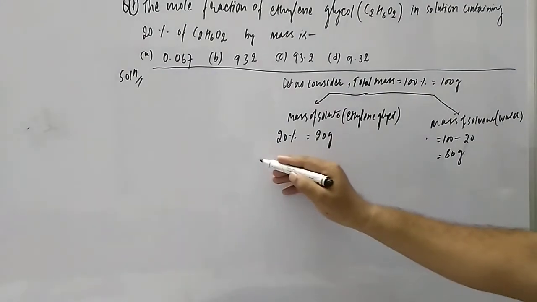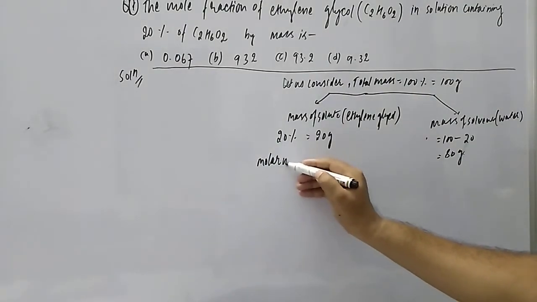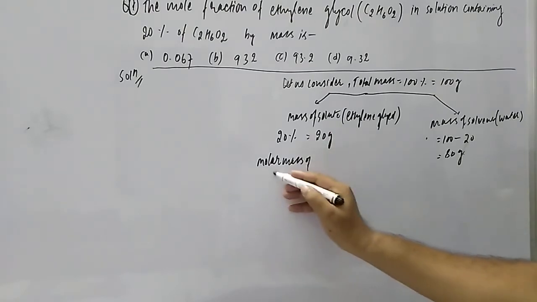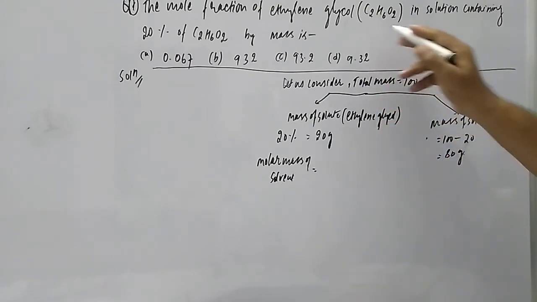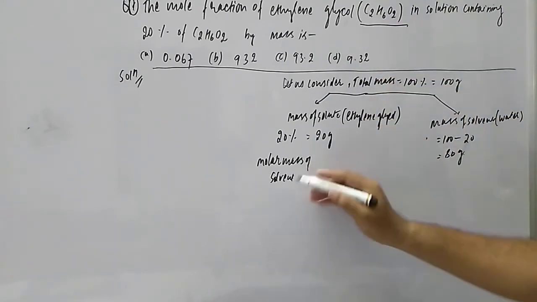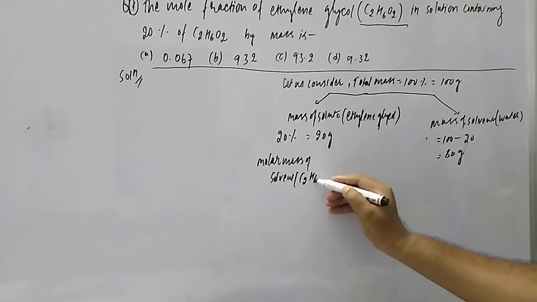Now the molar mass. How to get the molar mass of the solute? Ethylene glycol is C2H6O2.